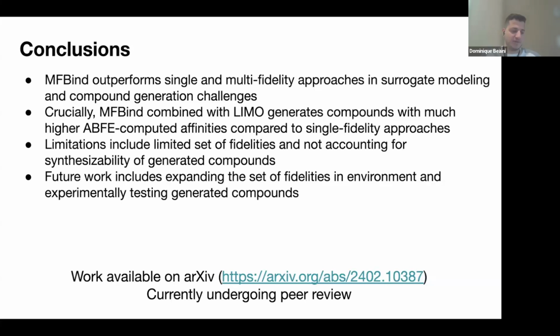I'm wondering if you had some kind of ablation where you would take only half of the low fidelity data or half of the high fidelity data, or even less, like 25%, and see what is missing? Is it the low fidelity or the high fidelity?